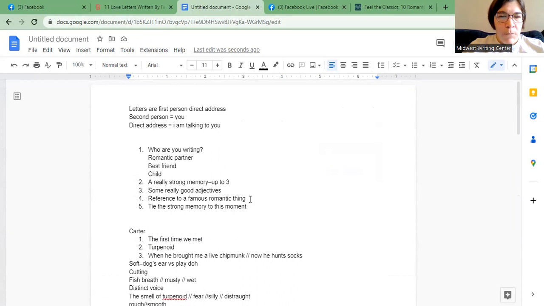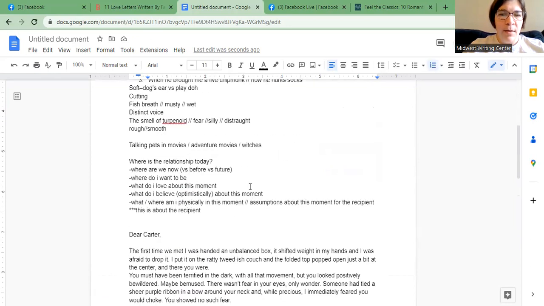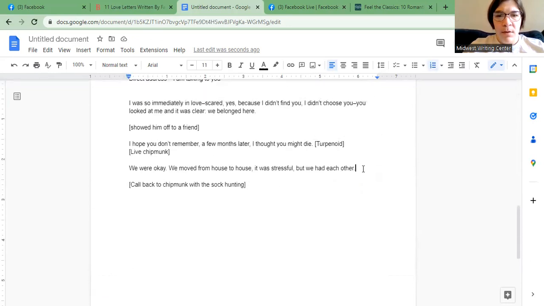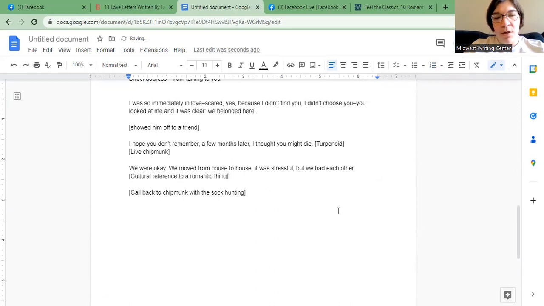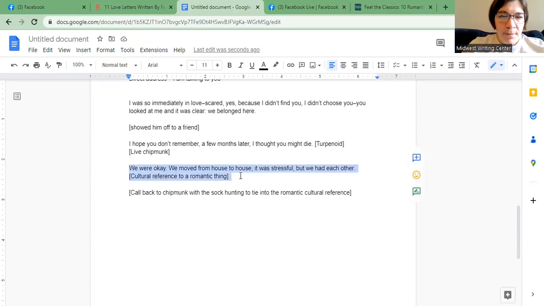to my famous romantic thing. So this is where I'm going to do that. A cultural reference to a romantic thing, which I then am going to use the callback to the chipmunk thing to tie into. What's going to happen here, you can't see me gesturing, is I'm going to say we were okay, we had each other.